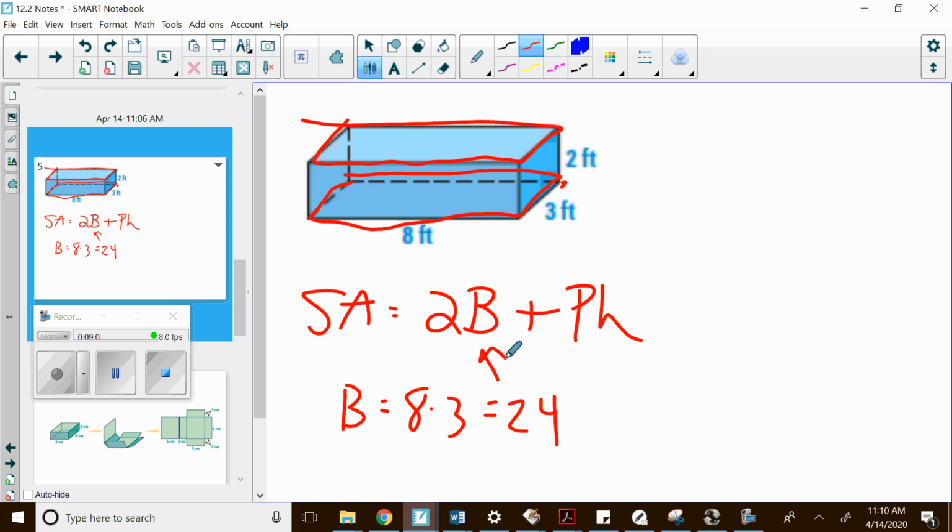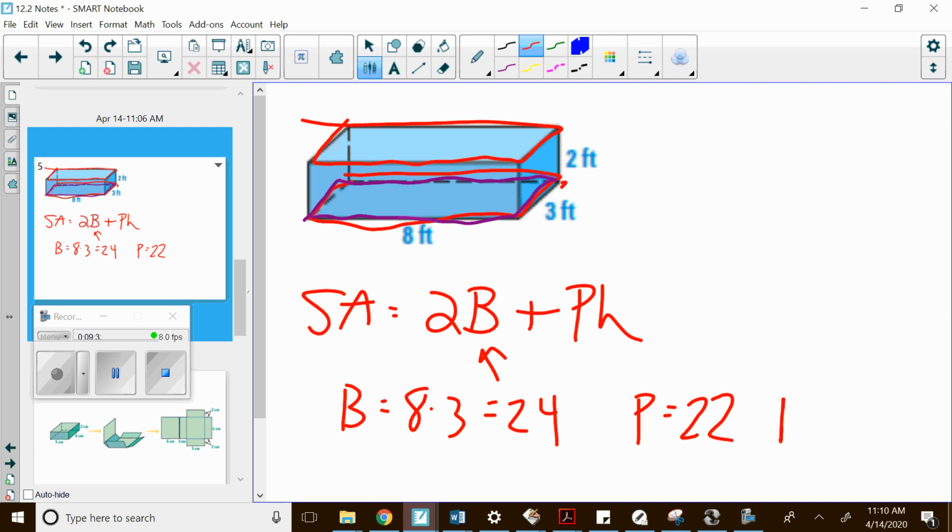Perimeter of one base: if we stretched this out and made a net, it would be the length of the big rectangle in the middle. It's the perimeter of one base, which is 8, 3, another 8, and another 3, which makes 22.